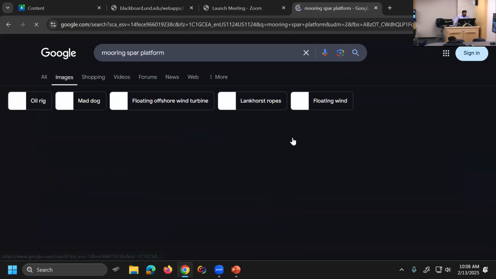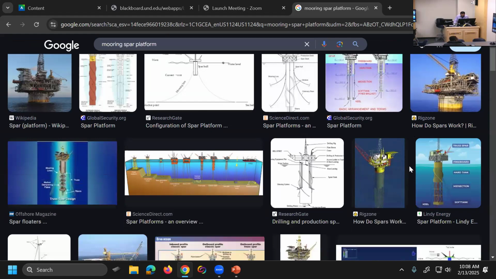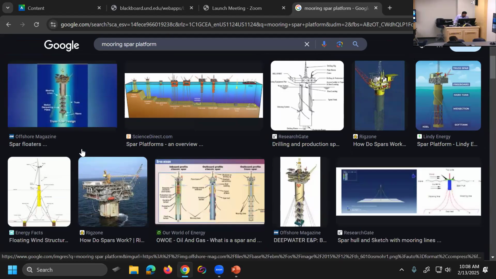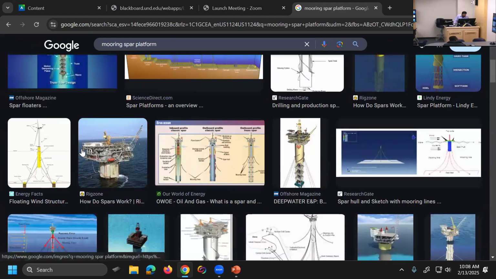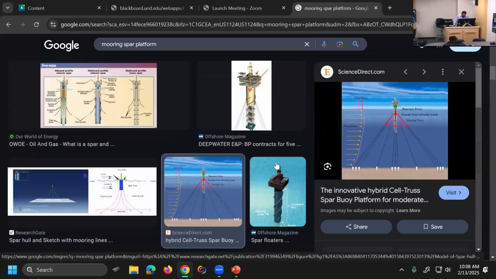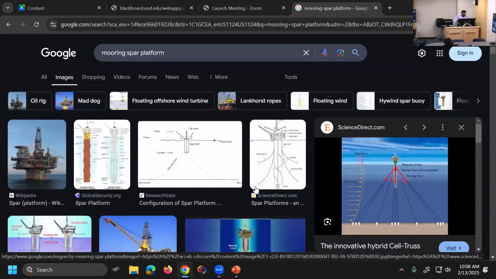We see the same picture, but you basically drop the weights down, and it's supposed to rotate, but it's a very, very hard process. It's a very hard process.